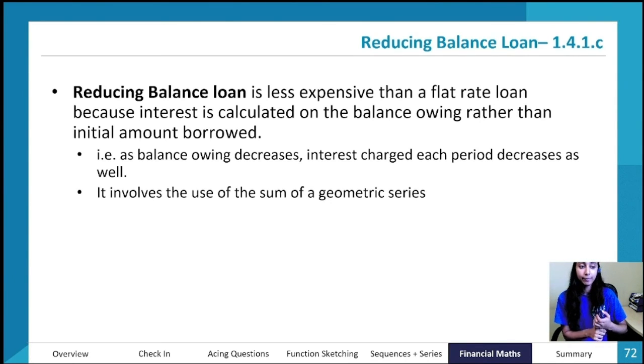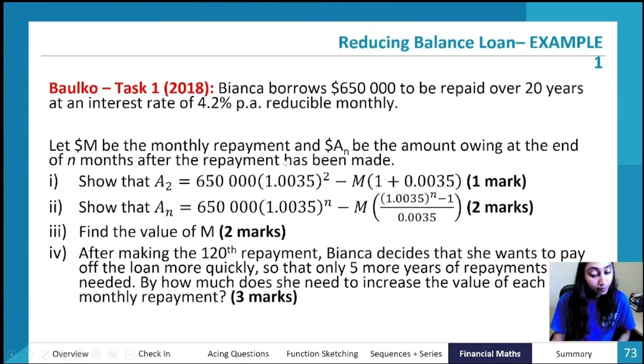It involves the use of geometric sequences and series, and it can get a little bit complex. We're getting towards the end of this lecture, but these last few questions will take a while to go through. So let's go through a question.